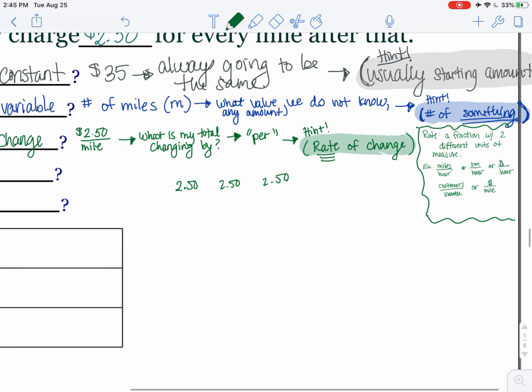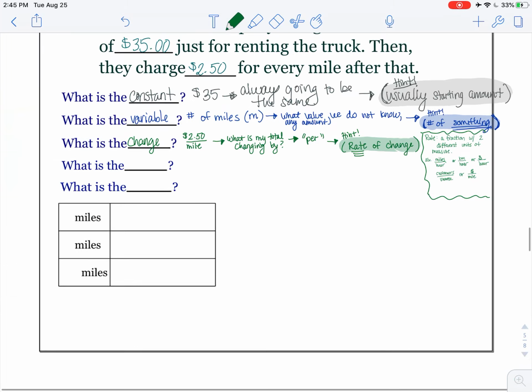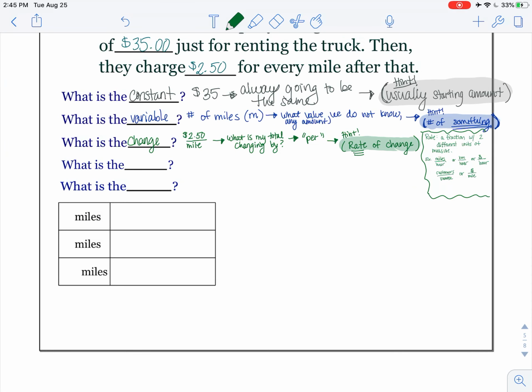You're right, they're constantly paying that, but this is for 1 mile, for 2 miles, for 3 miles. Their total is changing based on that. So people sometimes call it a constant rate of change. And that's true, but our rate of change is different than our official constant. Does that make sense? It's changing at that constant rate, but it's still changing.